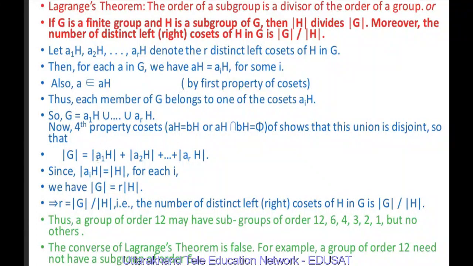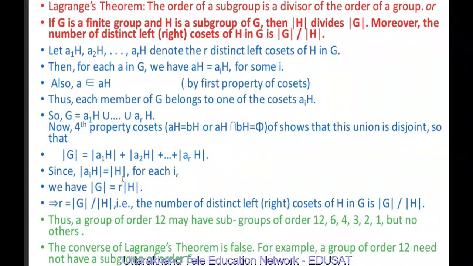Since the number of elements in aiH is equal to the number of elements in H for each i, the number of elements in a1H is the number of elements in H, in a2H equal to the number of elements in H, in arH equal to the number of elements in H, and this is r times.